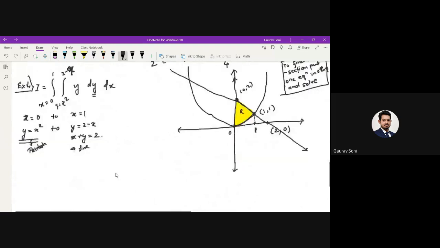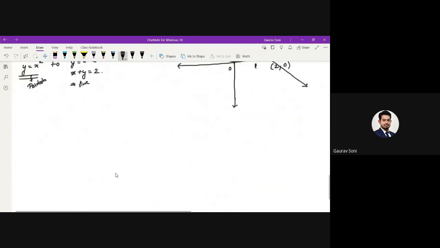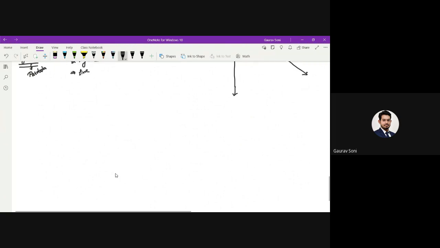So I should be able to give the limits, if I want to understand the proper way of giving the limits. For that purpose, let's again write an example where we have to find out the limits for a particular integration.